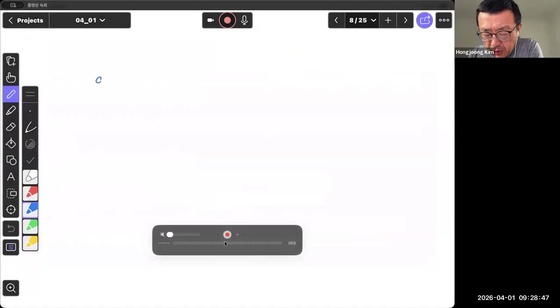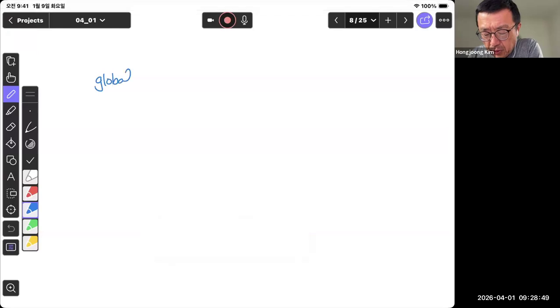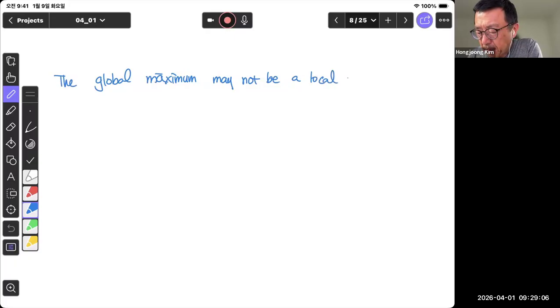So a global maximum may not be a local maximum.